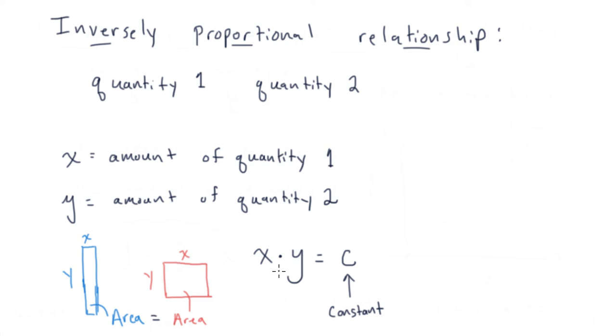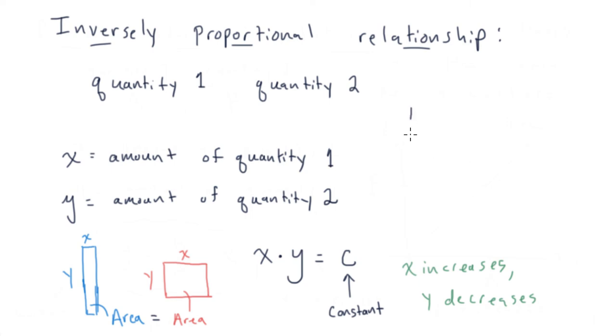So one increases, the other has to decrease, and vice versa. So again, the takeaway fact is that as x increases, y is going to decrease. But not just decrease in an arbitrary way. I mean, it really decreases by the same factor.